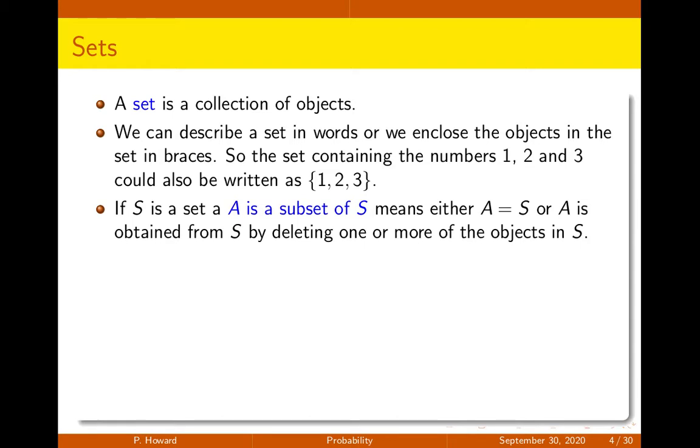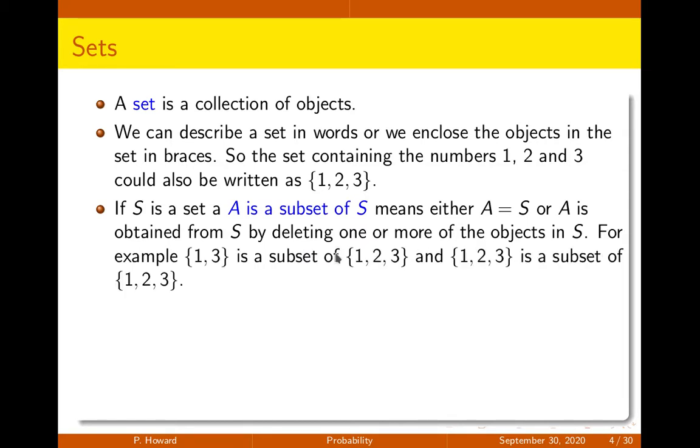The word subset: if S is a set, A is a subset of S means that either A is equal to S or that you get A from S by deleting one or more of the objects in S. So A is a subset of S means that either A is equal to S or A is a smaller set.